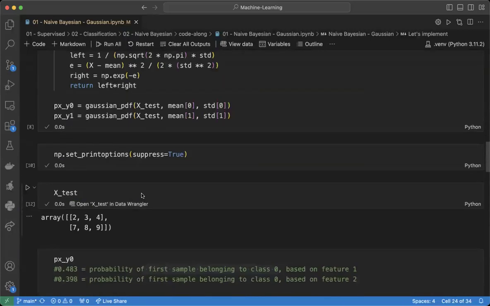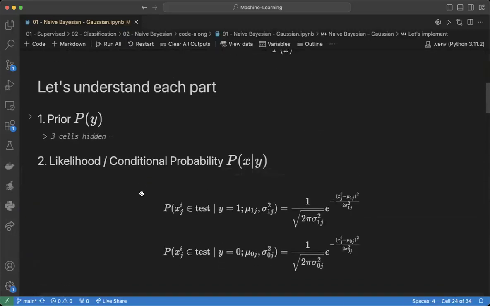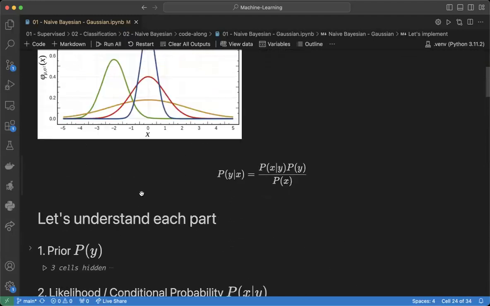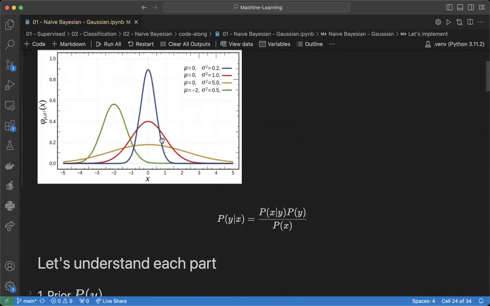So hopefully you understand what is naive Bayes. The intuition is you got this Gaussian distribution, and then given unseen x, you try to put them in here and see which distribution it likely belongs to.